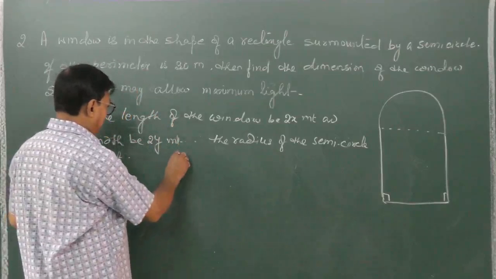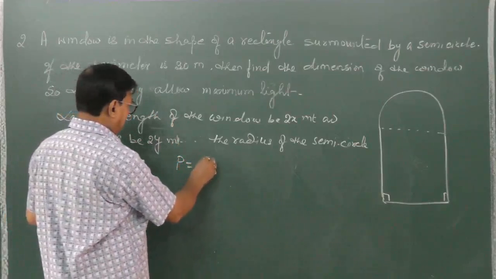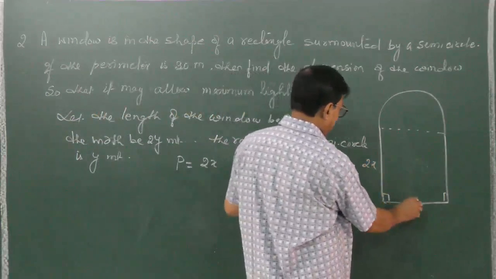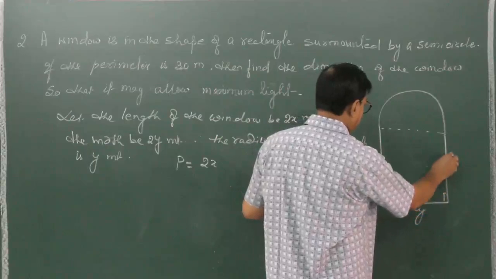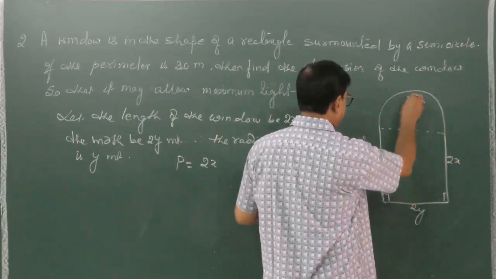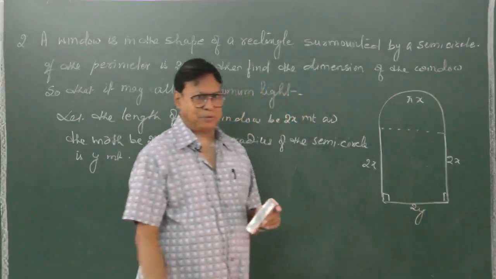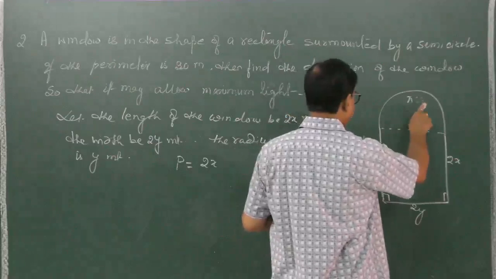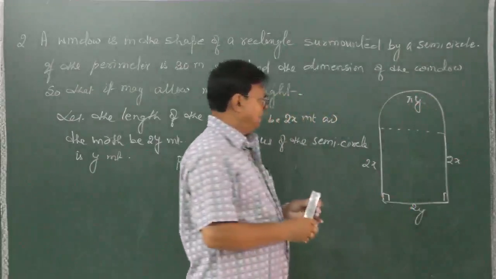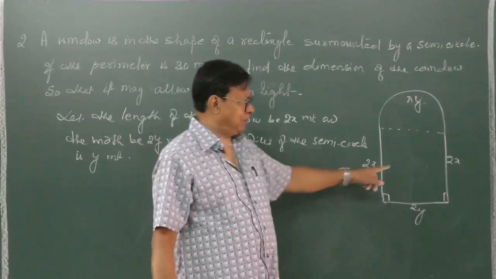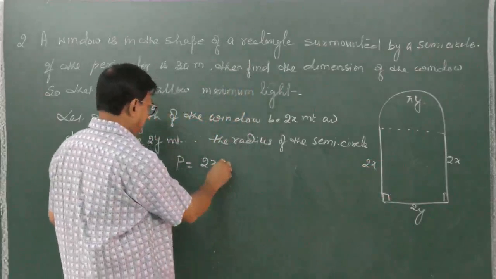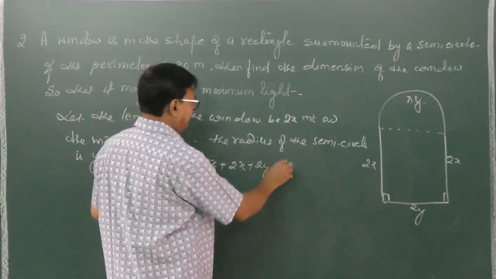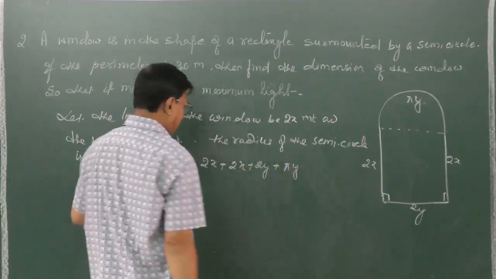So the perimeter of the figure is 2x, 2y, 2x, and pi y. Perimeter of the circle is 2 pi r, sorry, this is pi y. All right. So the length of the figure is this, 2x plus 2x, the two lengths, plus the width, plus the perimeter of the semicircle, which is pi y.